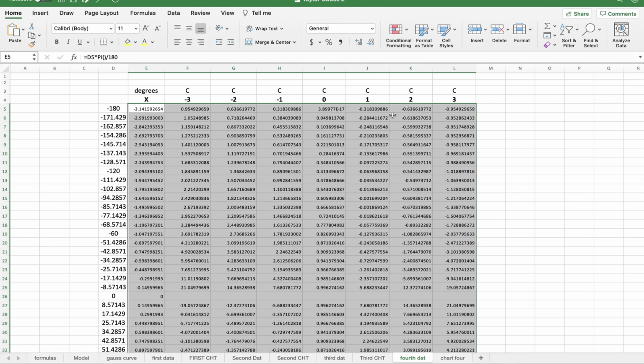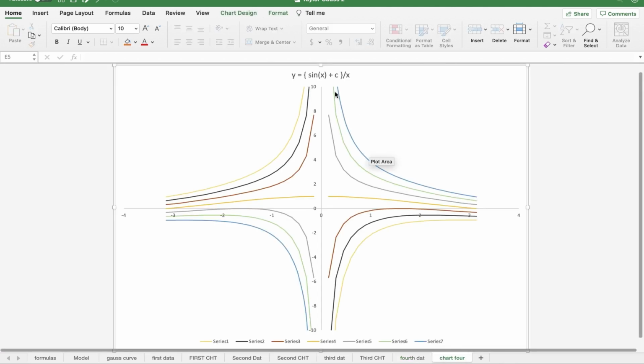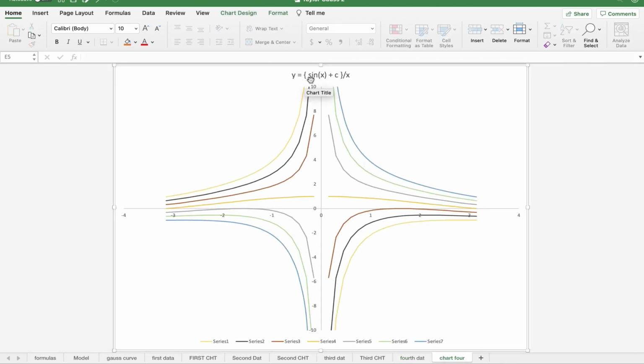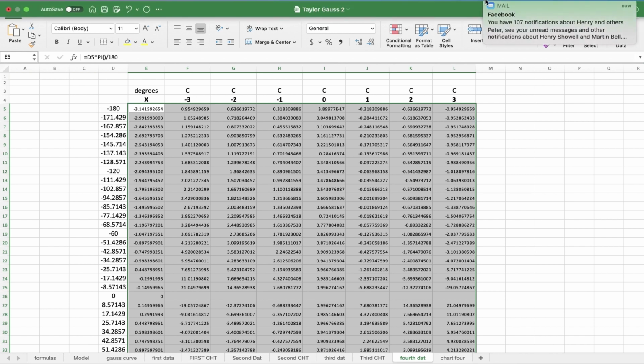Now, this one is interesting. I didn't write the function out, but here's the function. y equals the sine of x plus c, all divided by x. Okay, and in this case, the x-axis has to be angular.